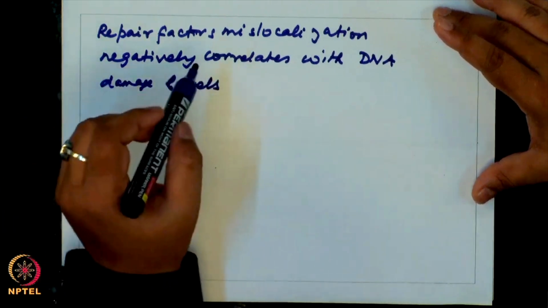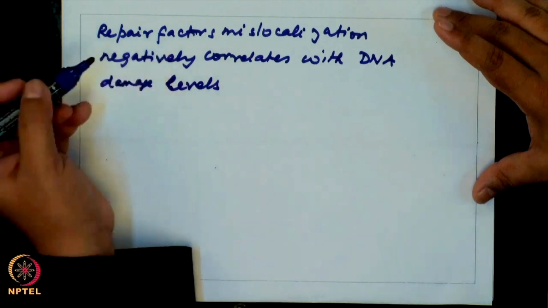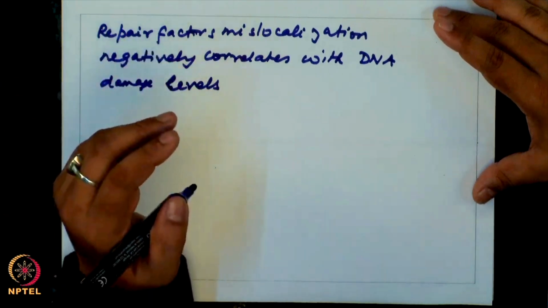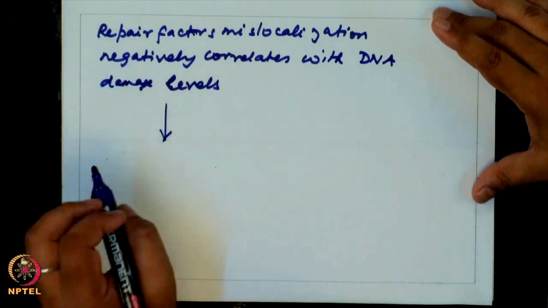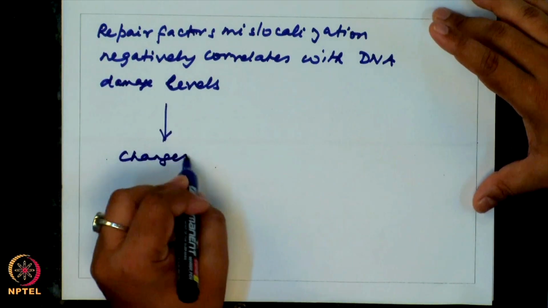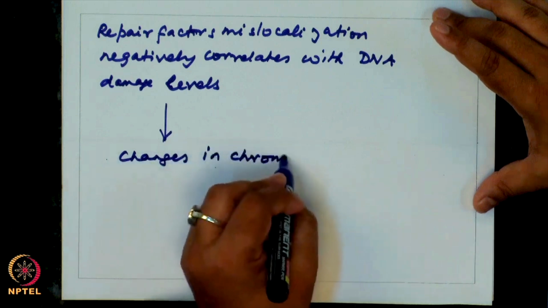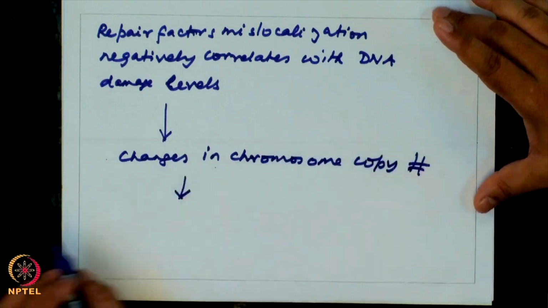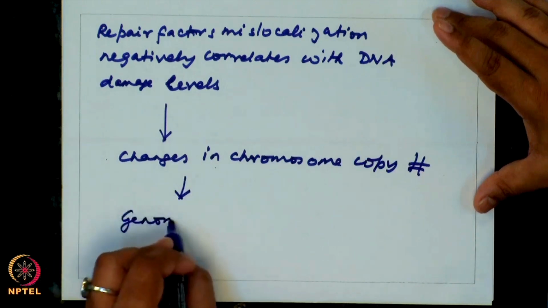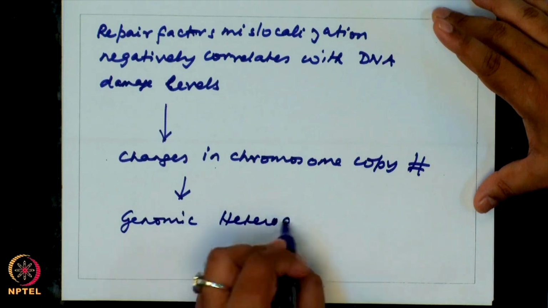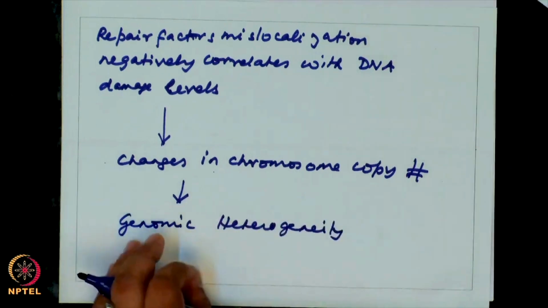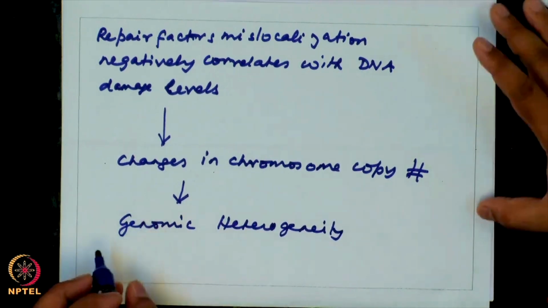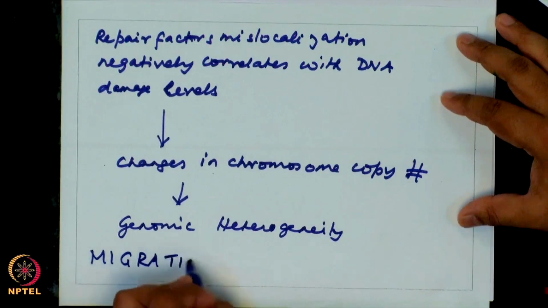More mislocalization means the number of foci will increase, and these changes led to changes in chromosome copy number, and eventually led to genomic heterogeneity. So this is a clear demonstration that physical damage to the nucleus can induce heterogeneity. This is an example of migration induced heterogeneity.